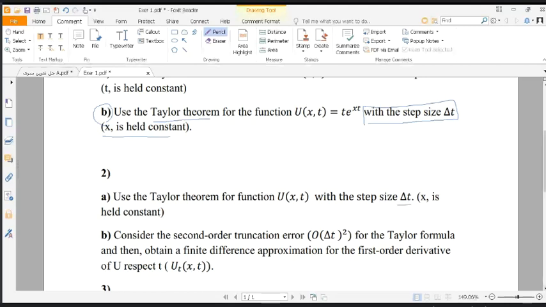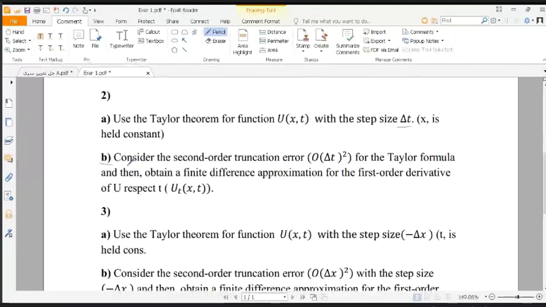And for part B, we consider the second order truncation error of delta T2 for the Taylor formula, and then obtain a finite difference approximation for the first order derivative of u with respect to T. The goal of this question is to approximate ut of x and t by the first order derivative.